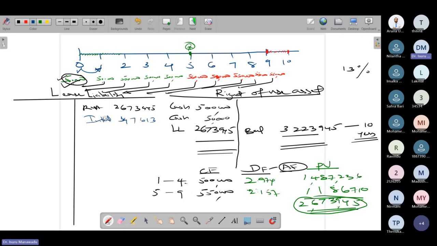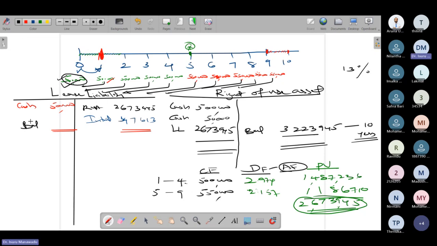Double entry: interest expense debit, lease liability credit. And at the end of year one, there is a cash flow, 500,000 will be paid in cash. Then take the balance. What is the first year balance?